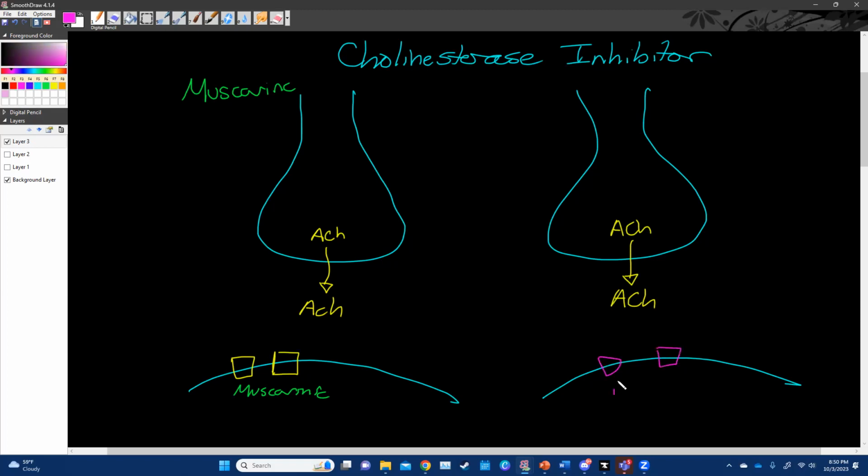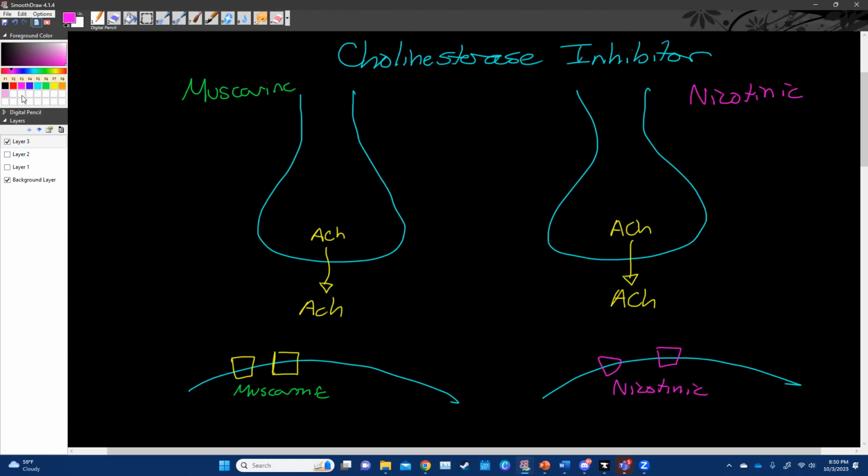Exactly. Both of these different kinds of receptors, whether nicotinic or muscarinic, use acetylcholine endogenously, right? And that was that whole spiel we talked about, how acetylcholine is everywhere in the body, but it's used very locally.